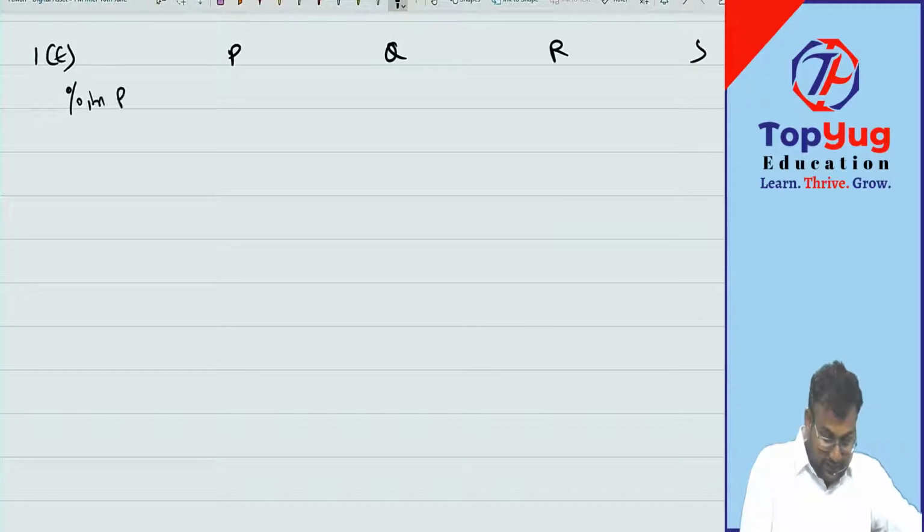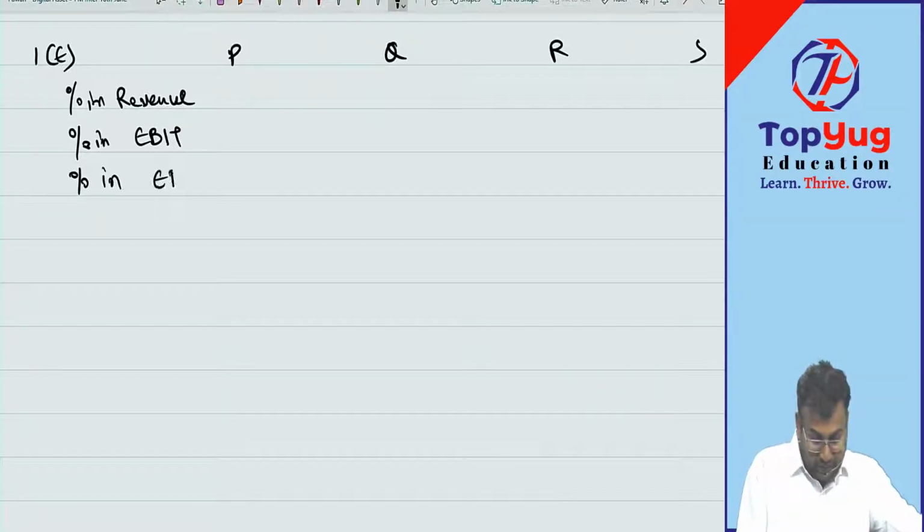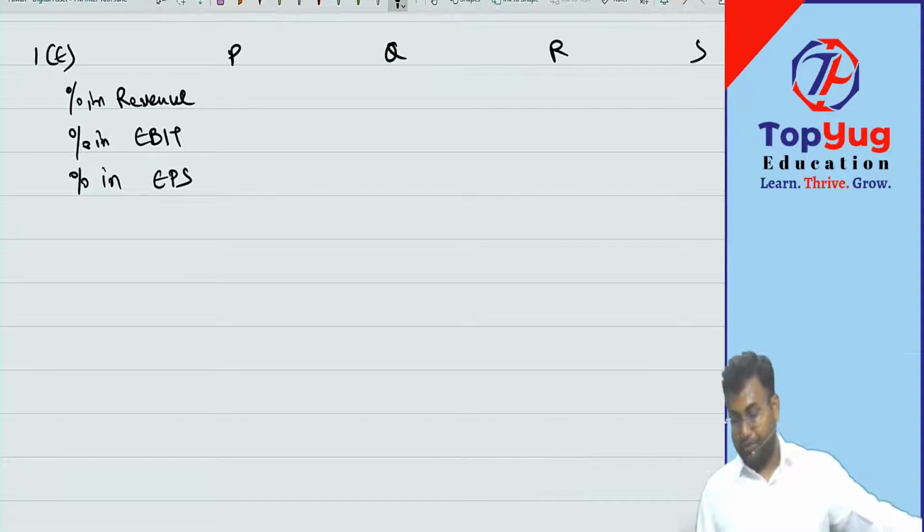Percentage change in revenue, percentage change in EBIT, percentage change in EPS. Are these three numbers given to you?